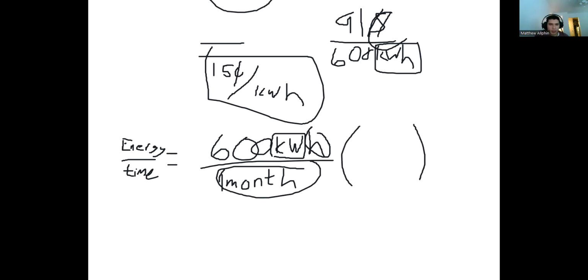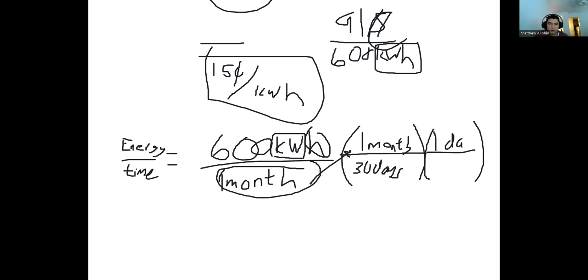hours. And the way I do that is I just put a month on top here, since it's on the bottom, it comes up to the top. 1 month over 30 days, and then 1 day for 24 hours.